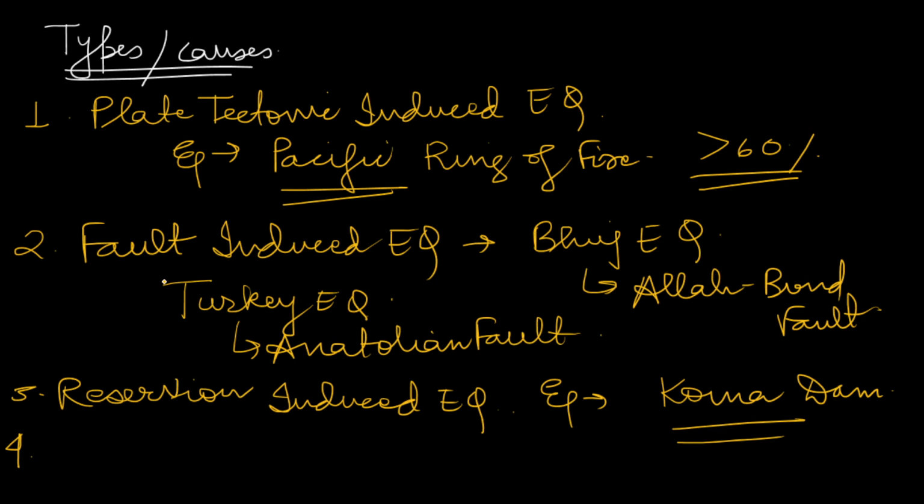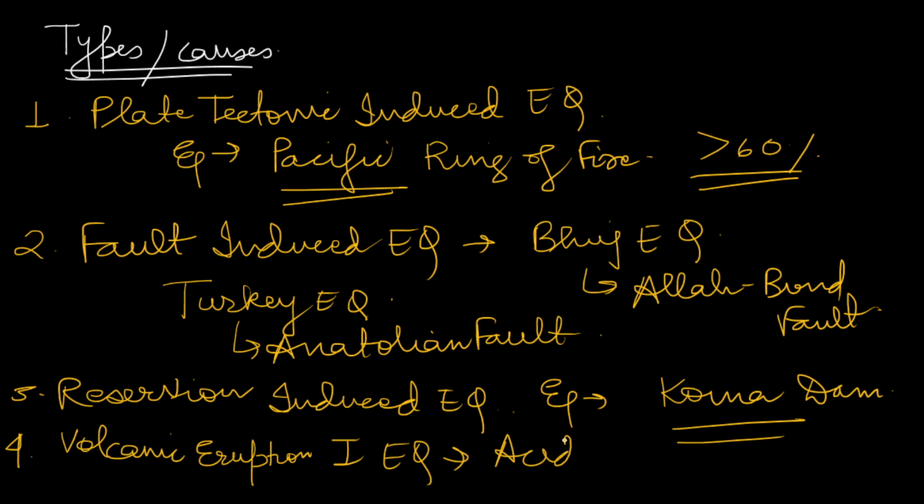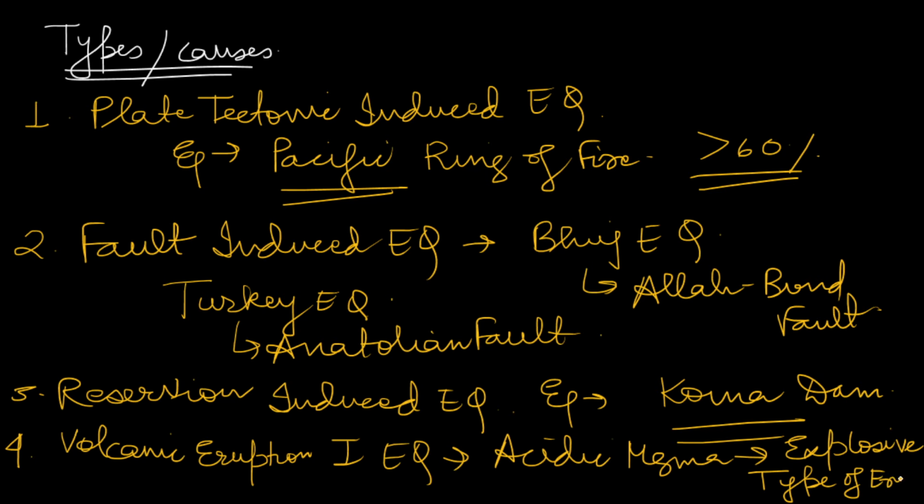We have also volcanic eruption induced earthquake, and this generally happens due to the presence of acidic magma. In the volcano video we will discuss in detail about acidic and basic magma, but just remember that acidic magma is an explosive type of eruption, and due to this explosion, an earthquake takes place.